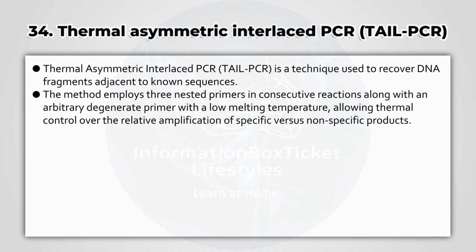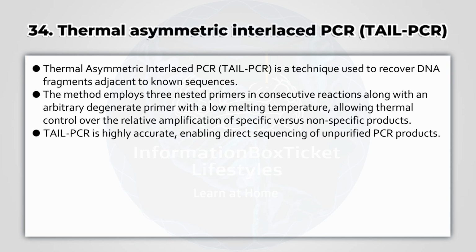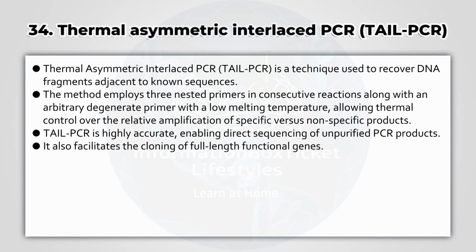The method employs 3 nested primers in consecutive reactions, along with an arbitrary degenerate primer with a low melting temperature, allowing thermal control over the relative amplification of specific versus non-specific products. TAIL-PCR is highly accurate, enabling direct sequencing of unpurified PCR products. It also facilitates the cloning of full-length functional genes.